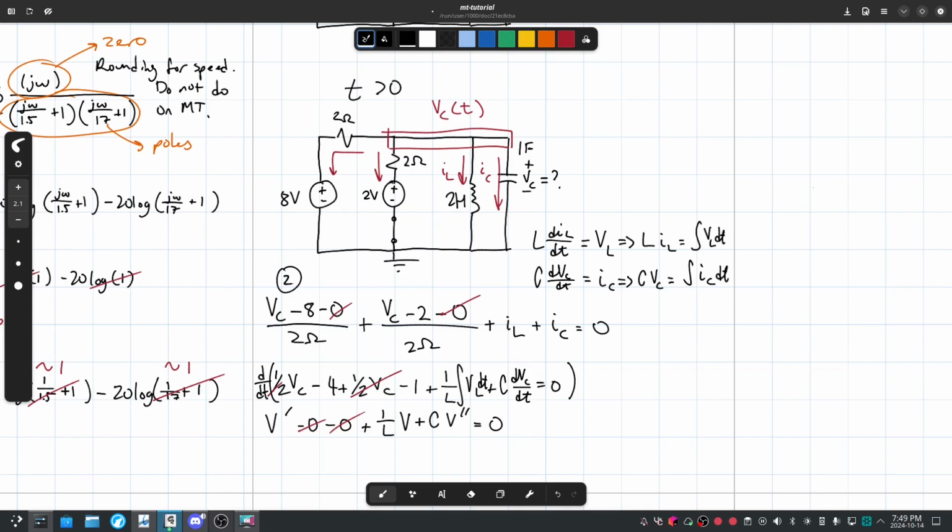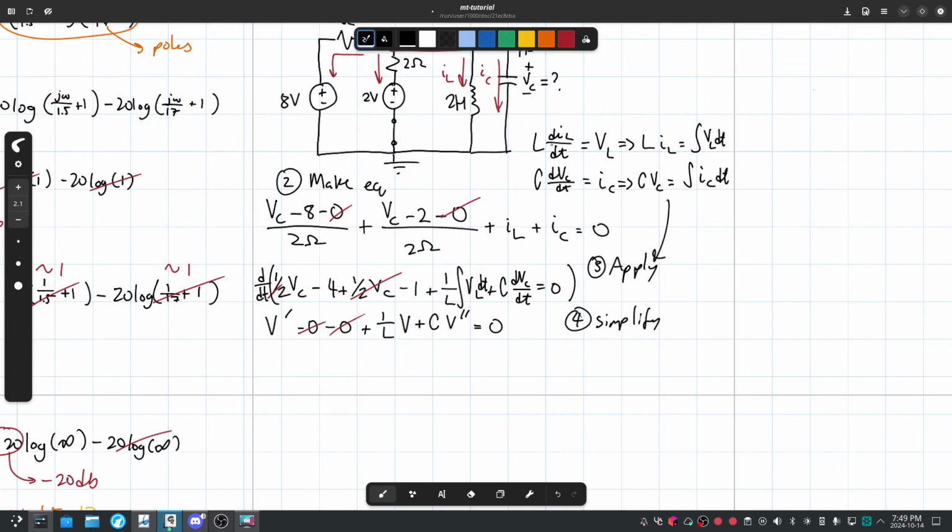And then second one, create the equation, EQ. Third step is that we apply these. And then fourth step, we simplify. Any questions?